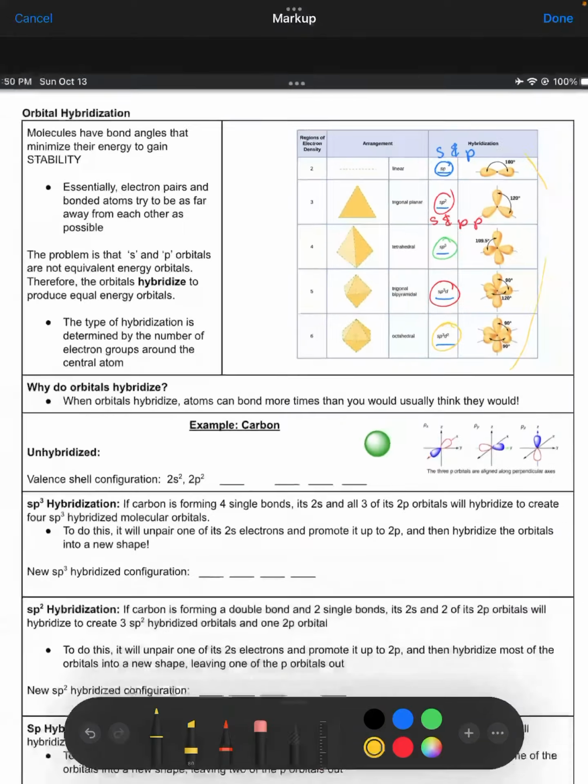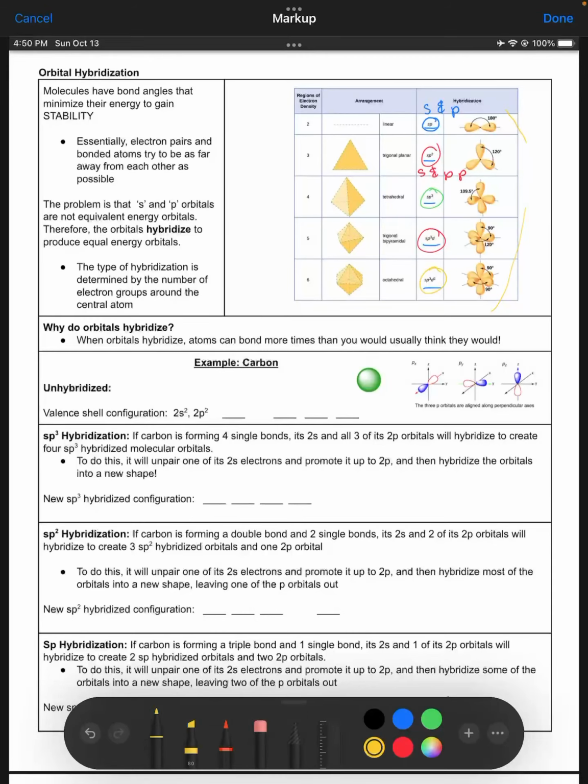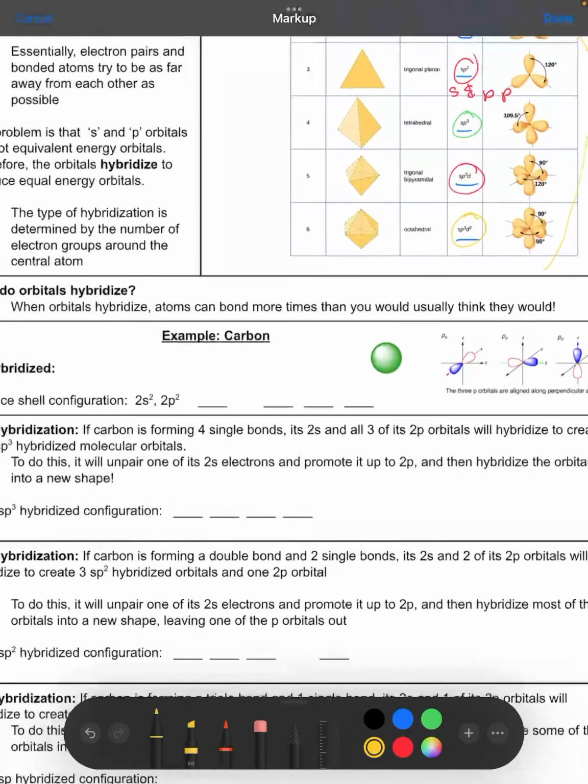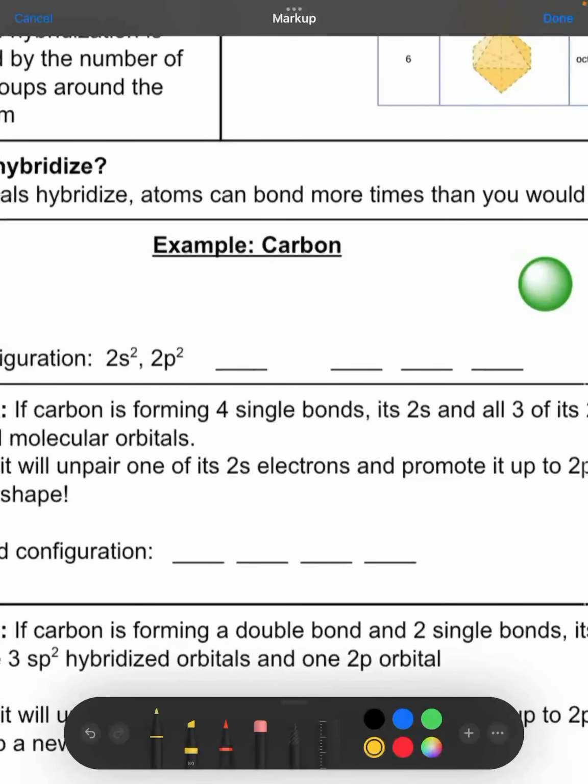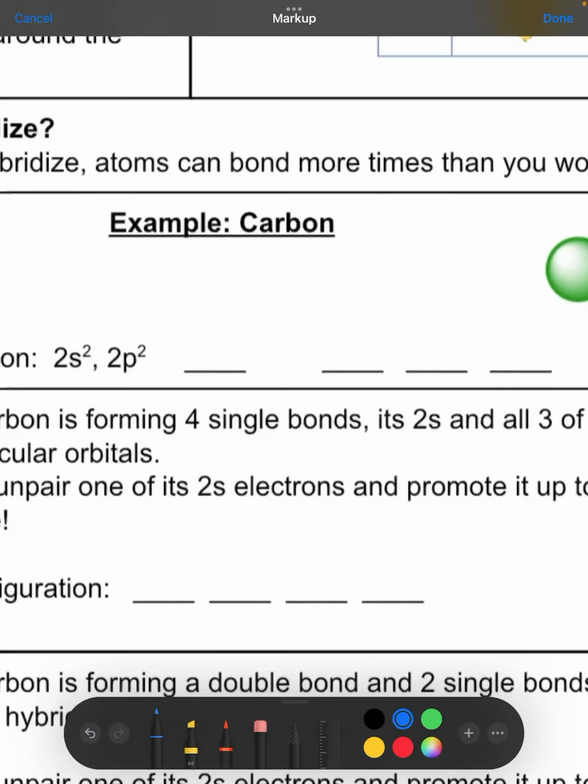Okay? So let's look at hybridization through the lens of the carbon atom, okay? For carbon, let's just talk about its normal configuration. Carbon's normal configuration is 1s2, 2s2, 2p2.